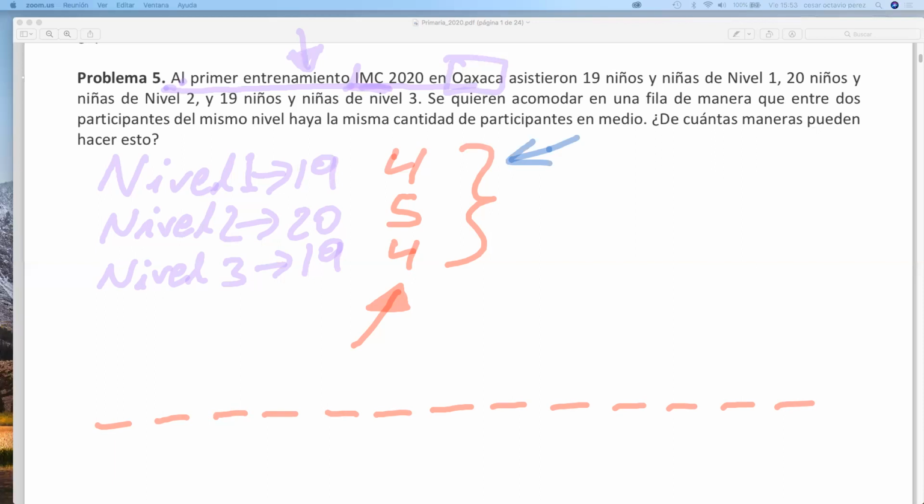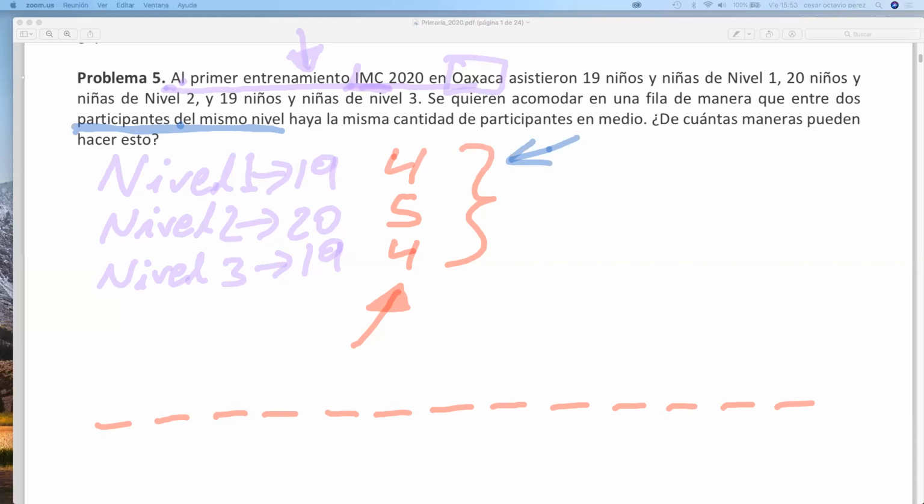If we must arrange them, well, every contestant of the same level, between every contestant must be the same quantity of participants.